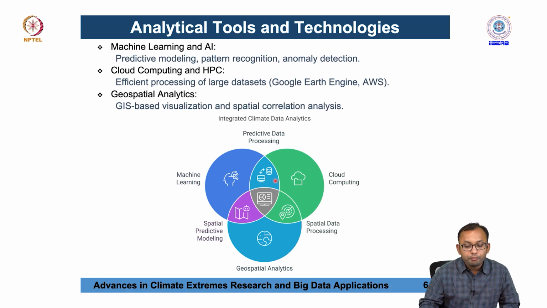So, for example, if you mix machine learning with cloud computing, you are able to do better predictive data processing. If you mix machine learning advanced tools with geospatial advancement, you would be able to do spatial predictive modeling. When you mix geospatial analysis with cloud computing, you would be able to do spatial data processing more efficiently.